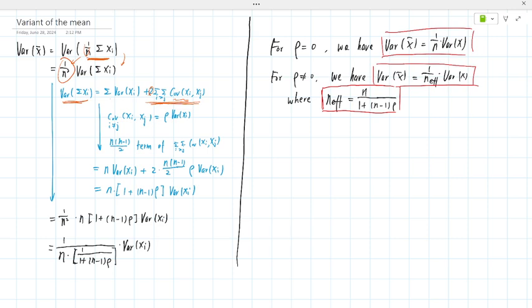So we can replace this with just the correlation rho_ij. But for this, we will just assume all the quantities are rho_ij equals rho.